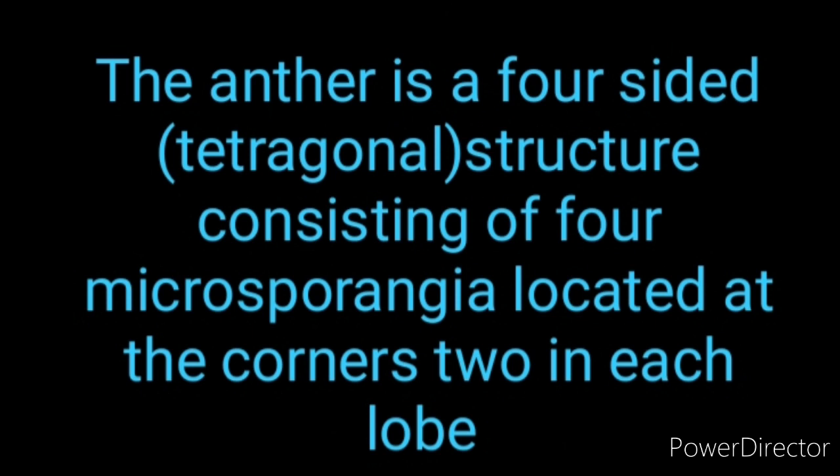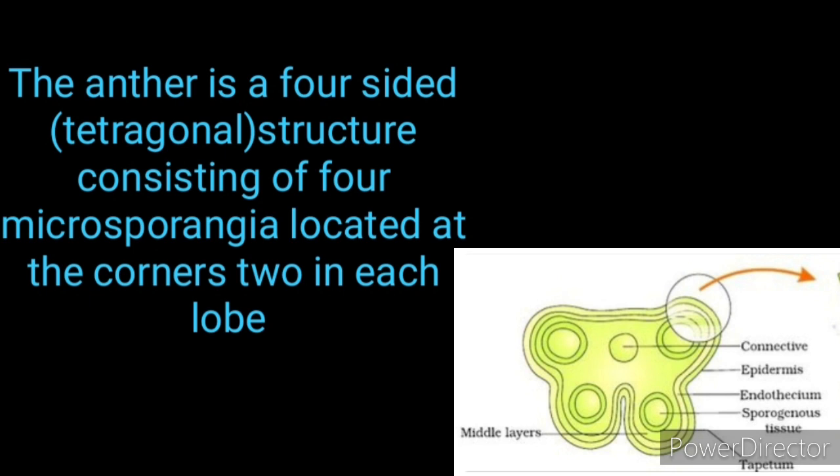The anther is a four-sided or tetragonal structure consisting of 4 microsporangia located at the corners, 2 in each lobe. Okay, see that one? There are 2 bilobed partitions and each lobe again has 2 separate chambers.